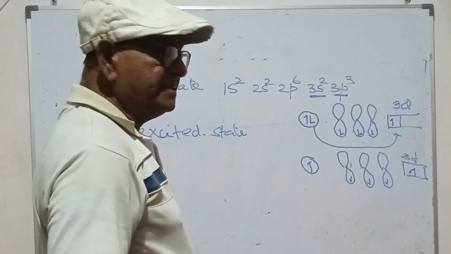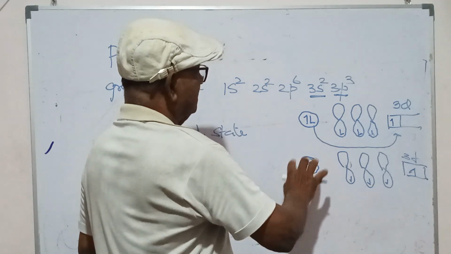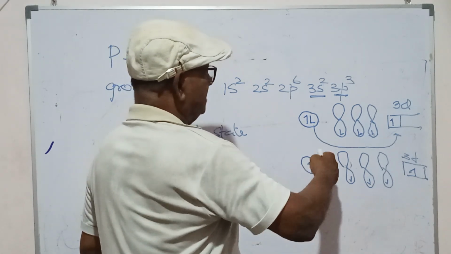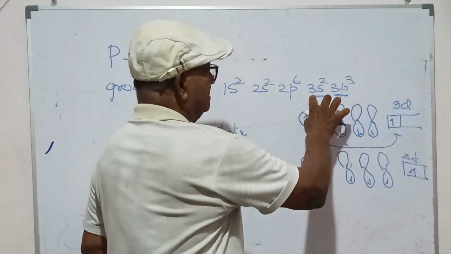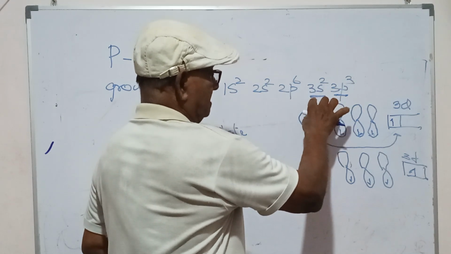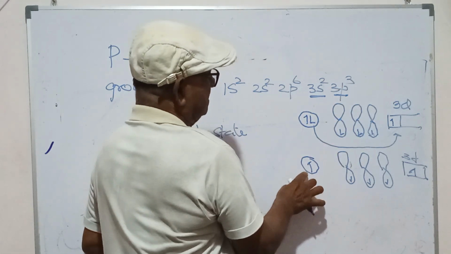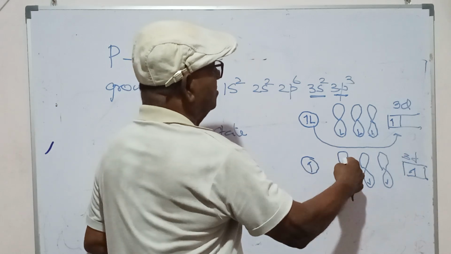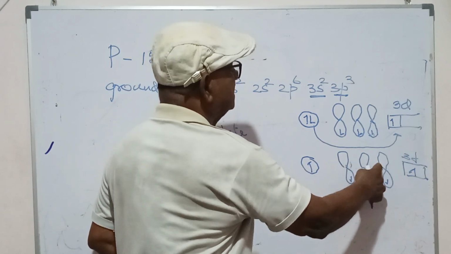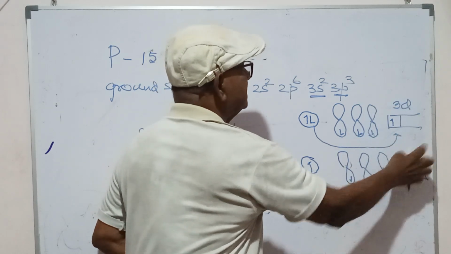Then it is clear that after the excited state, 3s, the lower energy level of the main energy level, the third energy level, 3s is the lowest, a little above is 3p, and a higher energy level is 3d.